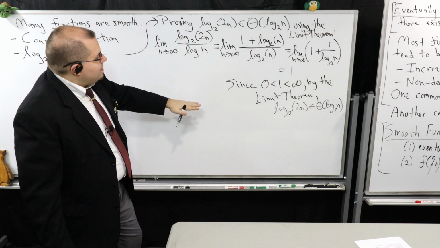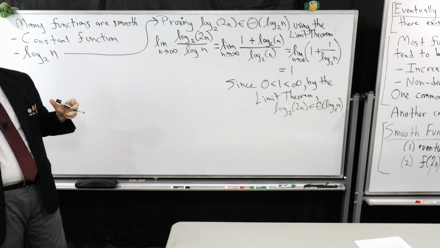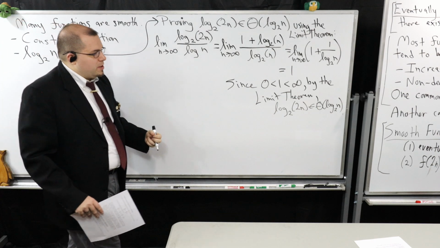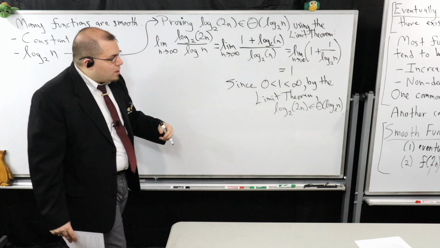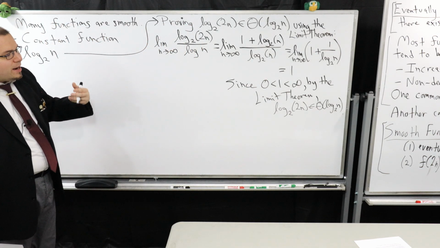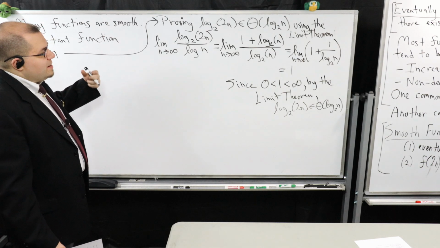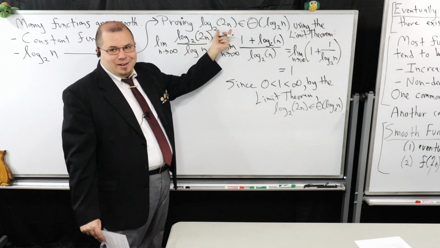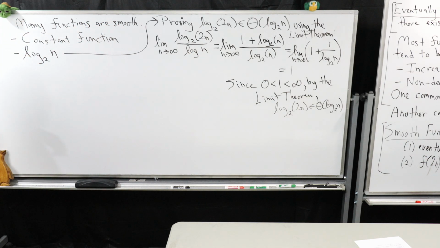Remember, this comes from the definition of smoothness. There are two properties: the first is that it's eventually non-decreasing, and the other is that I wanted to show that f of 2n is big theta of f of n. So all I've done is the 2n is right here, and that's why we were interested in this.